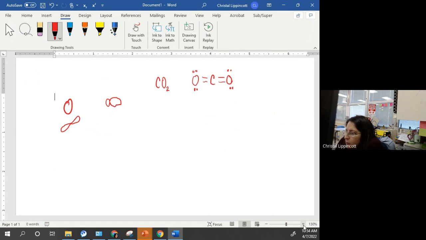Remember, the lines count as 1 when we're doing should minus has. So 1, 2, 3, 4, 5, 6. Its formal charge is 0. Carbon should have 4. It has 1, 2, 3, 4. Each line counts as 1. And the oxygen here again is 0. So the overall formal charge on the molecule is 0.